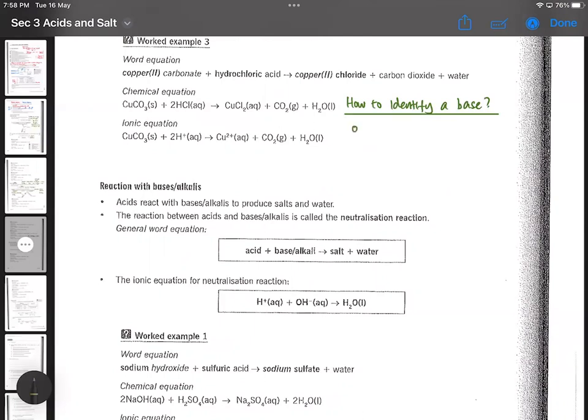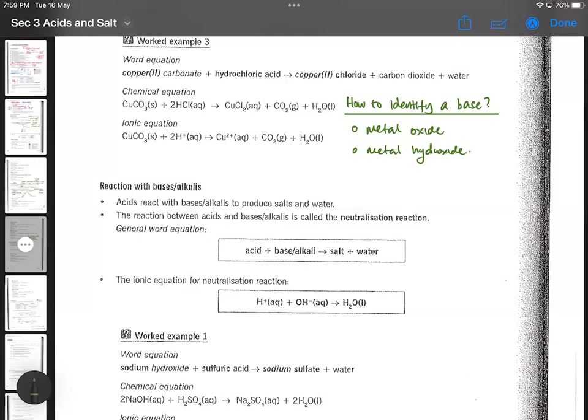They are, most of the time, a metal oxide, or a metal hydroxide. You can remember this as bases.